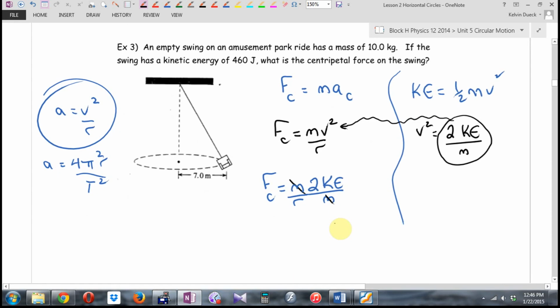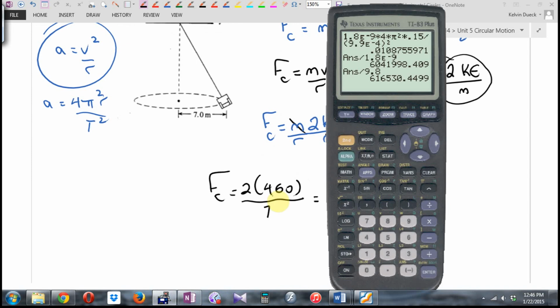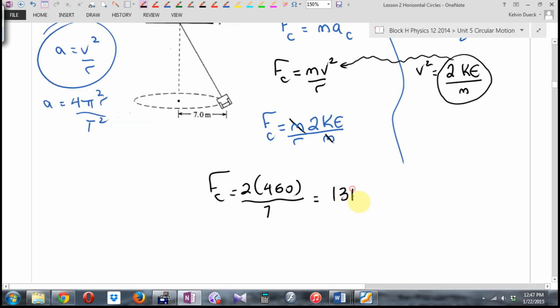Oh, let's crunch the numbers. Fc then is going to be 2 times 460 divided by 7. The centripetal force, 131 newtons.